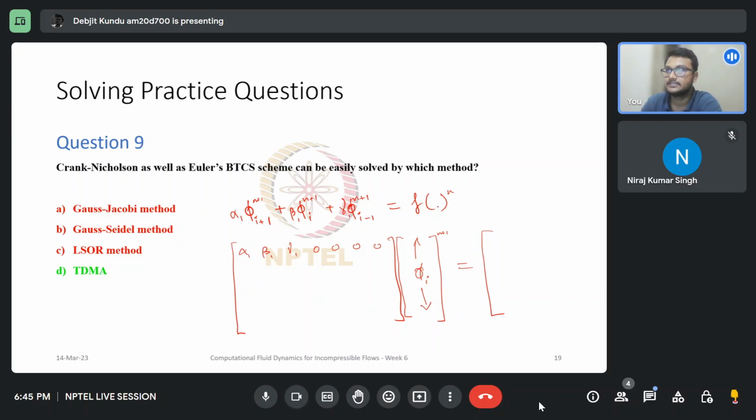And on the right hand side, we will have some function in terms of phi i's at the nth time level. Now phi i's doesn't have to be phi i only, it can be i plus 1, i minus 1 and all that, but all of them would be known values at the nth time level. So the right hand side would consist of all these at the nth time level.